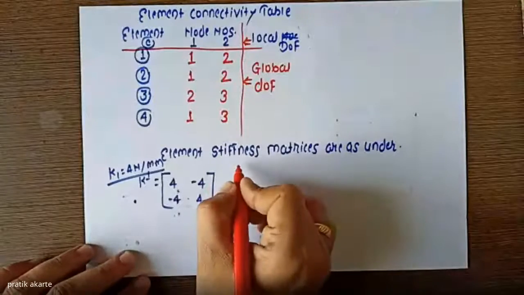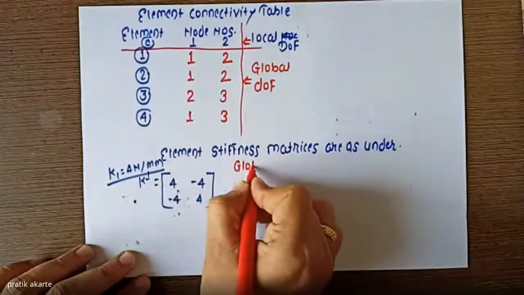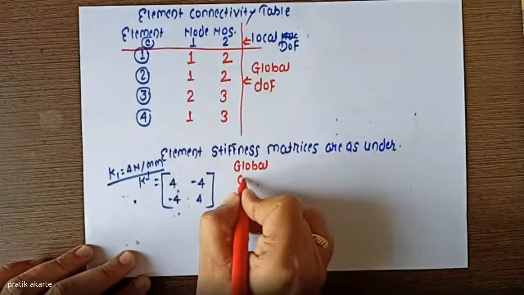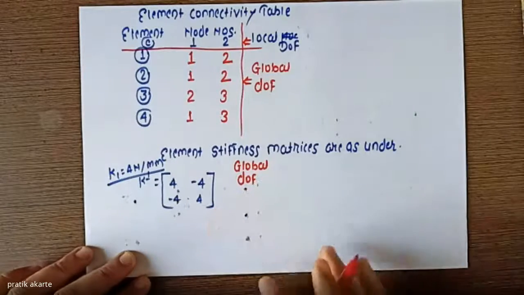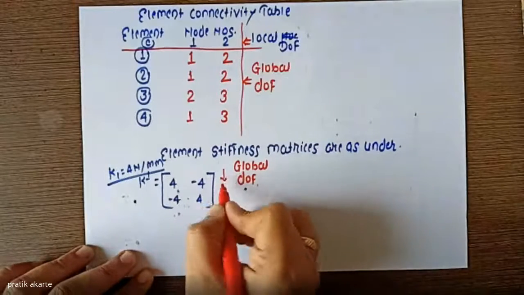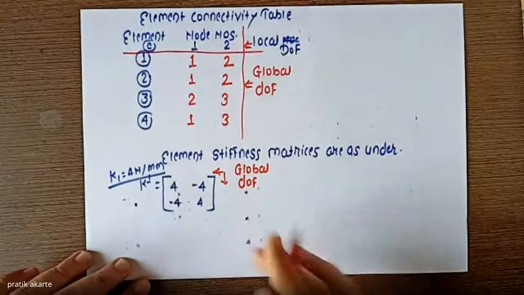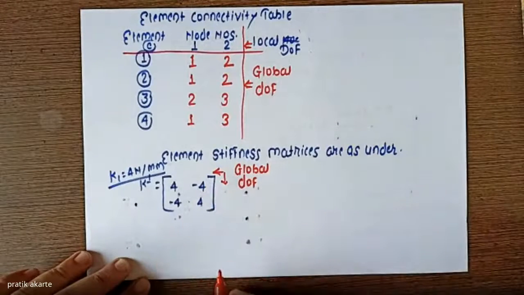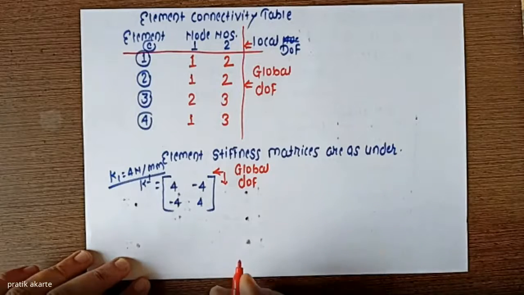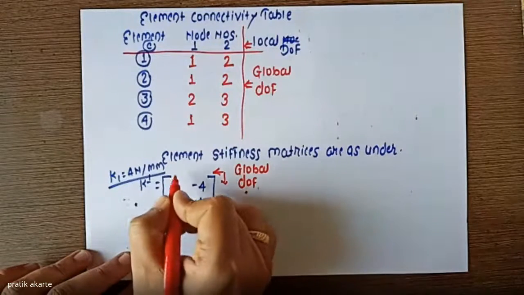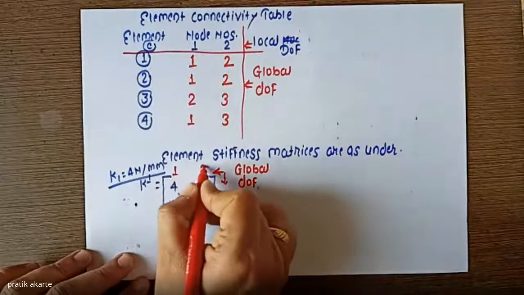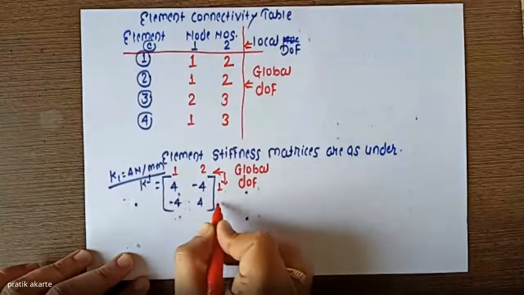Now we'll write the global degrees of freedom. As I am saying continuously, you must mark these global degrees of freedom, and you must pay attention to them while constructing your global stiffness matrix. So this is 1, 2, 1, 2.